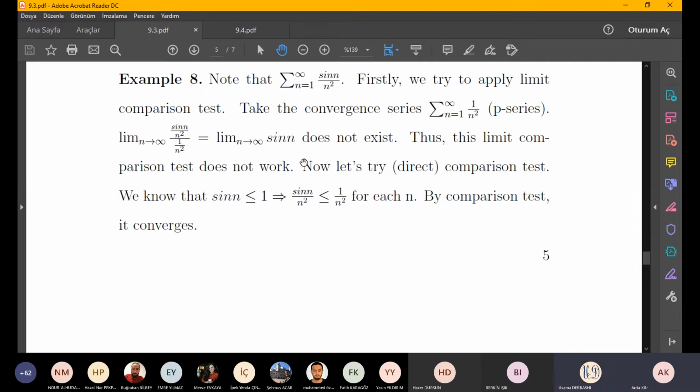Yes, about. It is true, but our sin n, since we are taking the function of sine, it is periodic, so it goes to the positive and then goes back to negative. So we can't guarantee that all the values will be positive. It will have negative values.